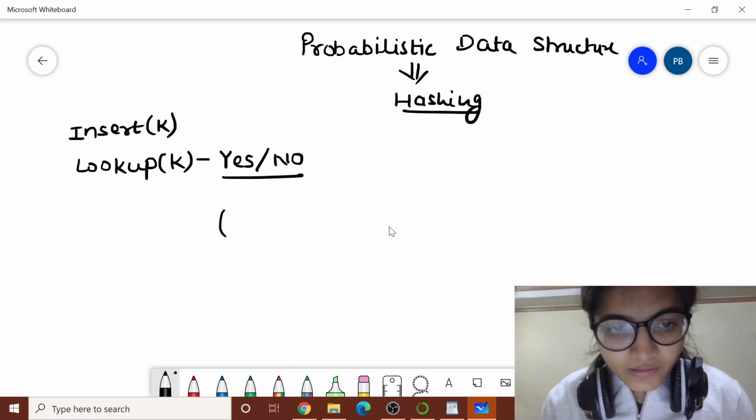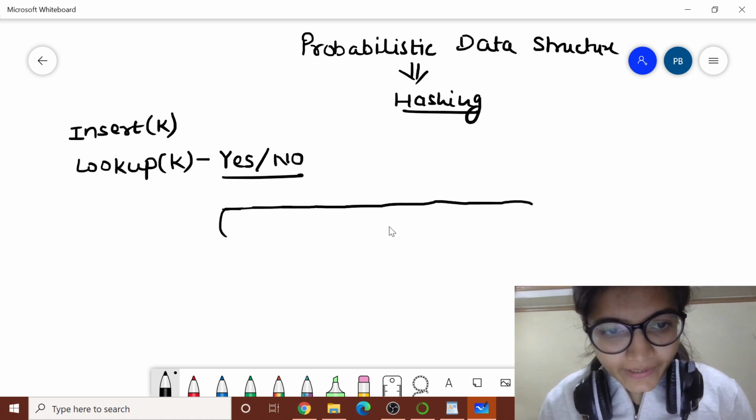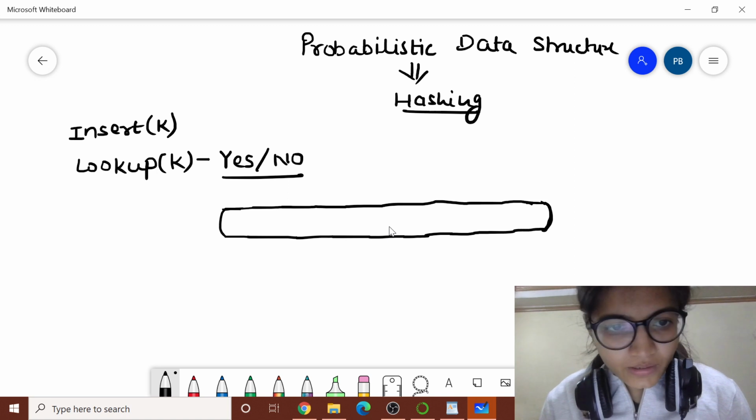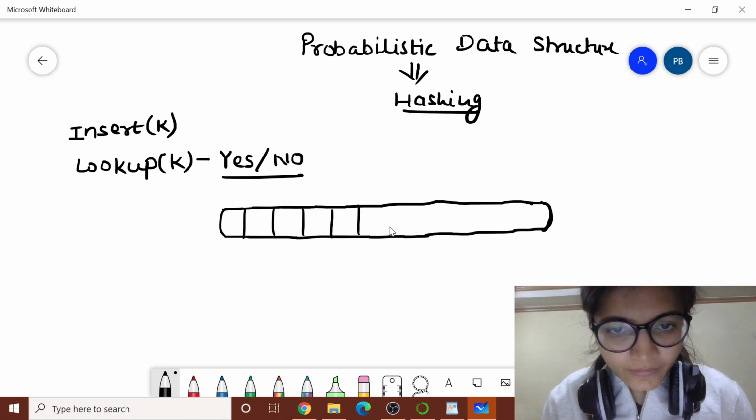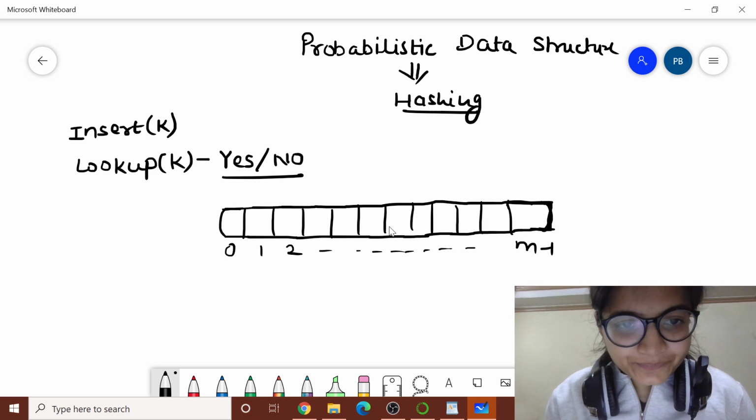Suppose there are slots from 0th, 1, 2 up to, suppose index is m-1. Okay, so this is the index. Now what will happen? Suppose you are having a string named hello.